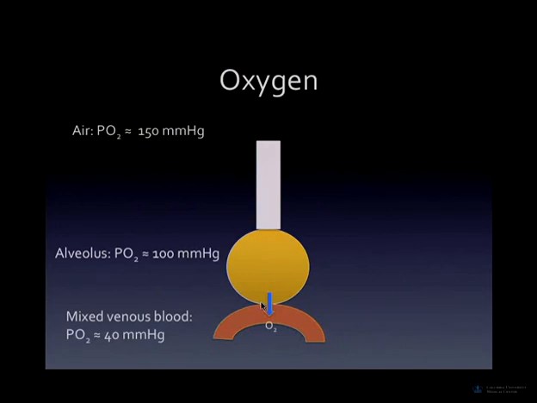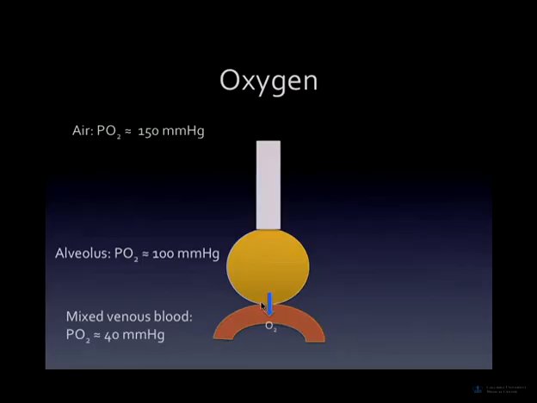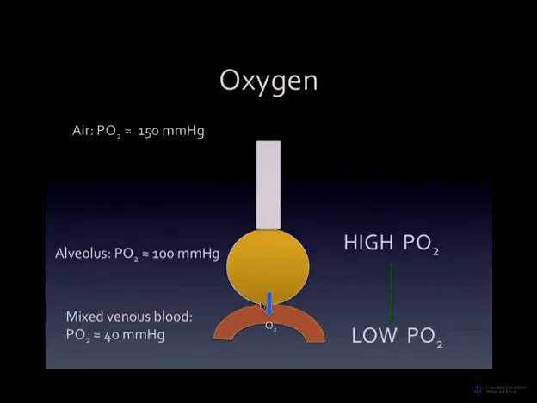Normal alveolar PO2, we'll say, is around 100 millimeters of mercury, and a normal oxygen tension of blood returning from the tissues to the right side of the heart and then to the lungs, otherwise known as mixed venous blood, is about 40 millimeters of mercury, just to give you some benchmarks. So you can see there's a gradient from the alveolus, which has a high concentration of oxygen molecules, 100 millimeters of mercury, to the pulmonary capillary blood, which has a lower concentration of oxygen molecules, with a partial pressure of only 40 millimeters of mercury.